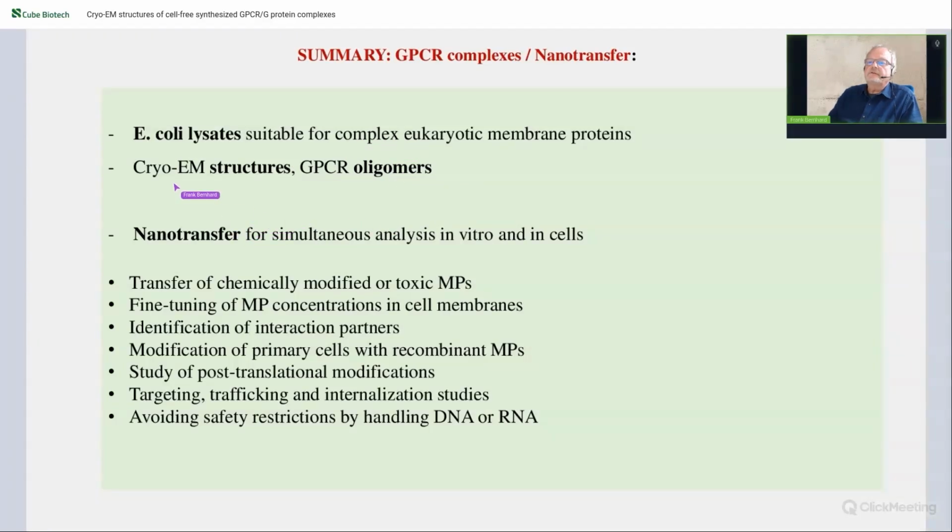And I introduced you to the nanotransfer, where you can simultaneously analyze membrane proteins in vitro and in vivo. You just make two oligos: one you throw on your cells, the other one you use for mass spectrometry or radioassay or whatever you want. And I'm sure that this technique will also have many new applications.